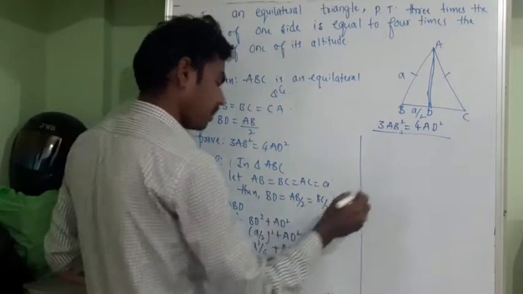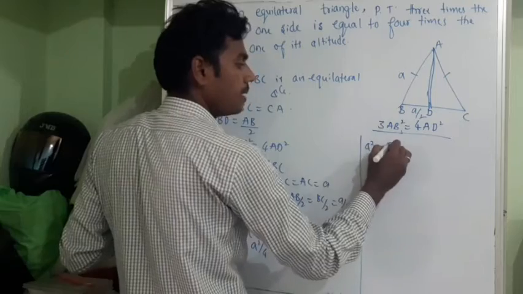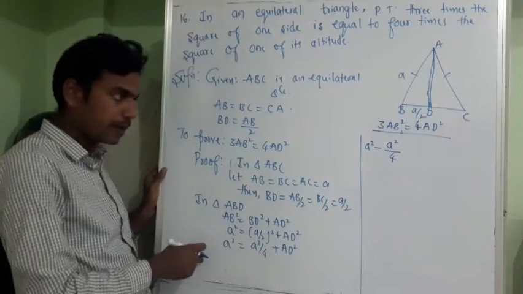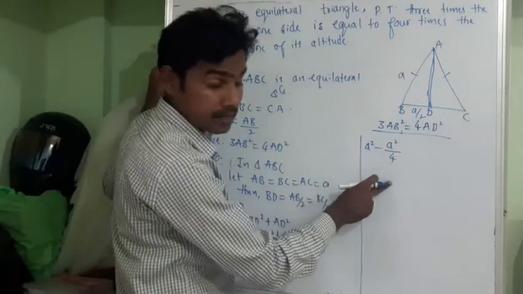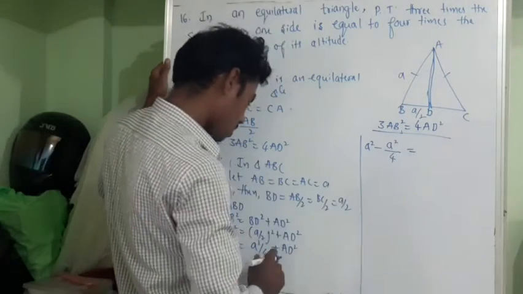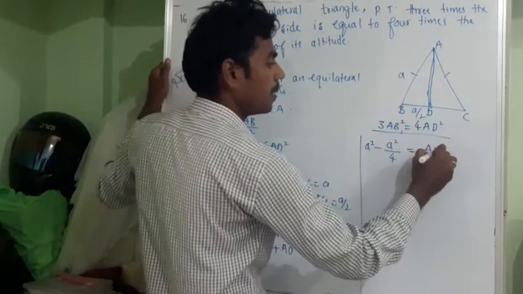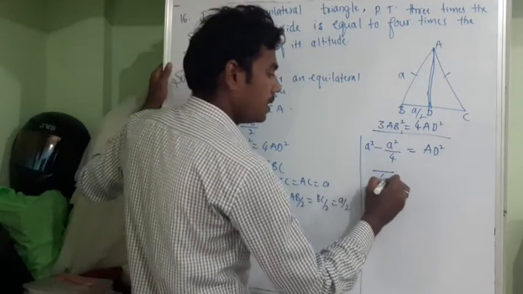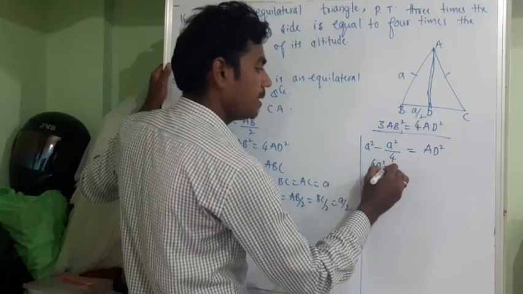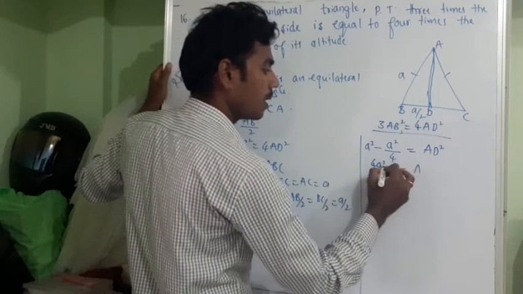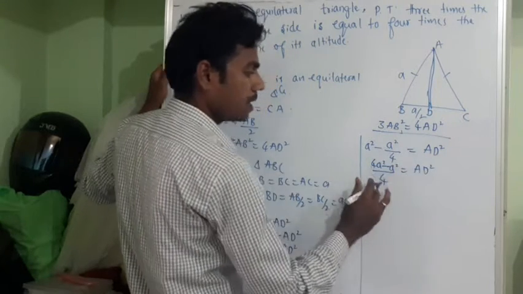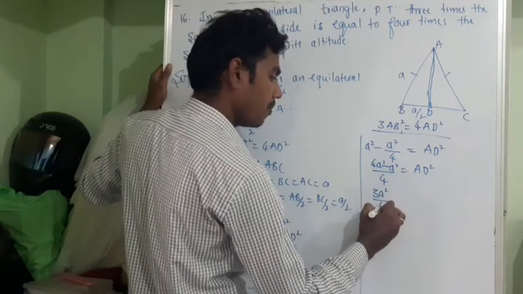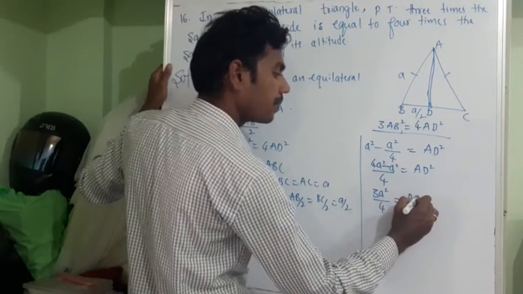Now here, A square minus A square divided by 4. See, this I am going to transfer to the left hand side. A square minus A square by 4 is equal to AD square. Okay. 4 will be the LCM. 4A square minus A square is equal to AD square. 4A square minus A square is nothing but 3A square. 3A square divided by 4 is equal to AD square.